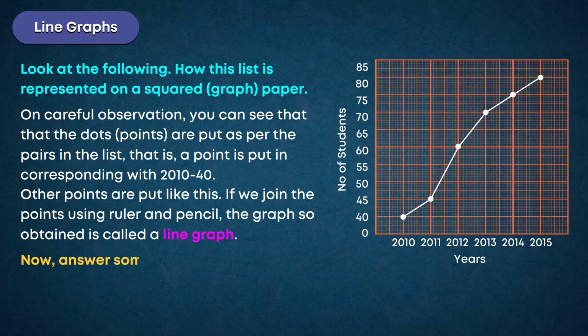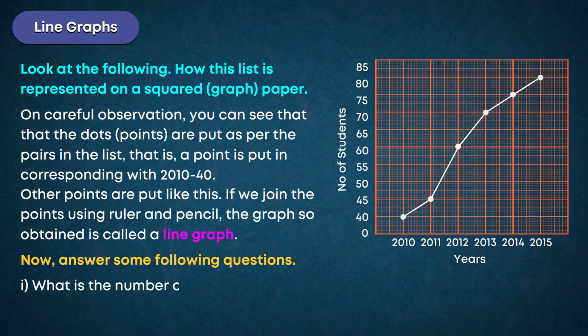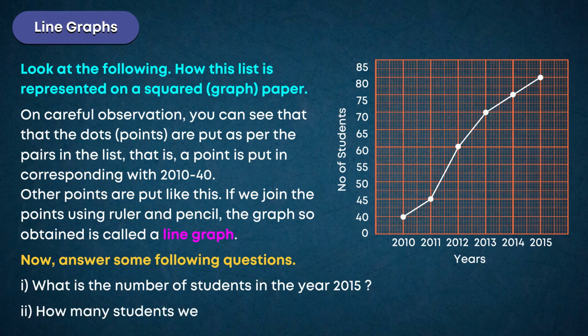Now, answer some questions. 1. What is the number of students in the year 2015? 80 students. 2. How many students were increased from the year 2011 to 2012? 35 students.